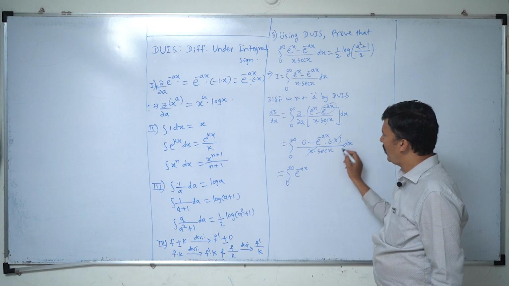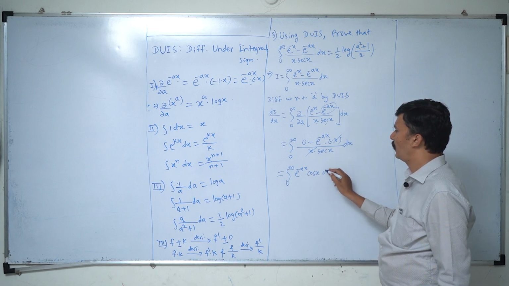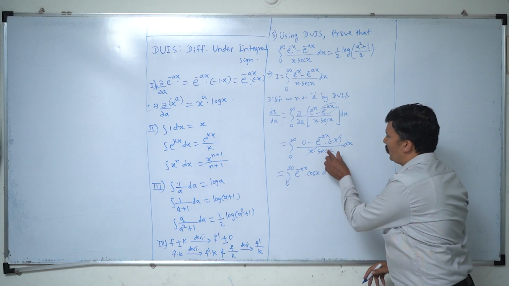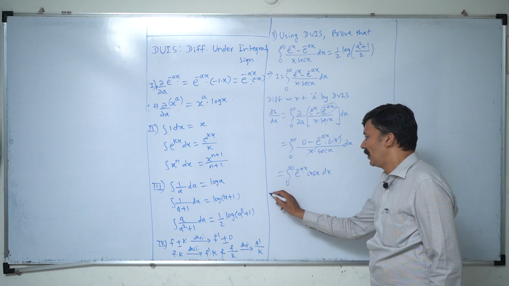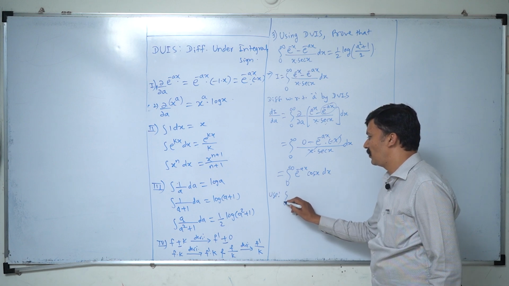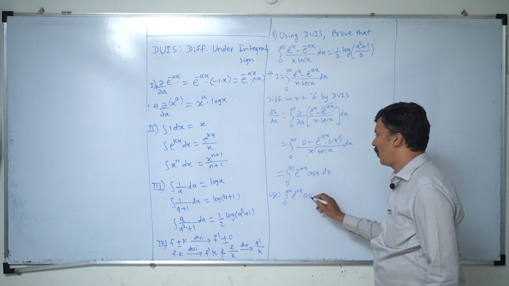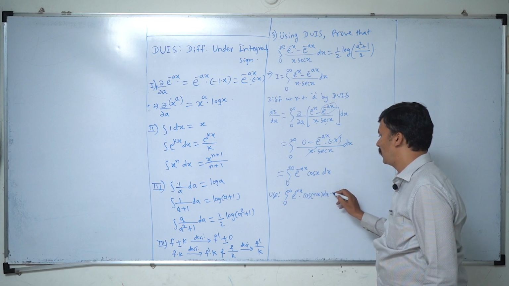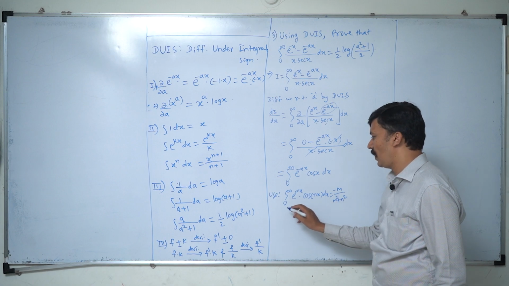If you shift sec x to the numerator, then sec x becomes cos x. Then you can use the formula: the integral from 0 to infinity of e raised to mx cos nx dx is minus m upon m square plus n square.